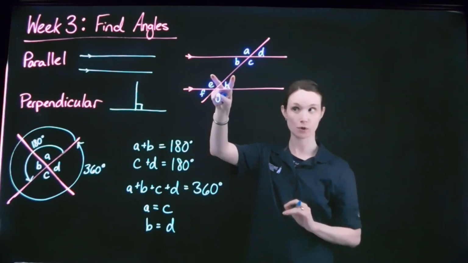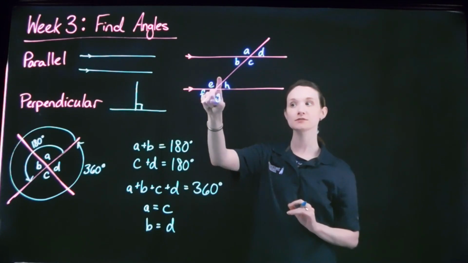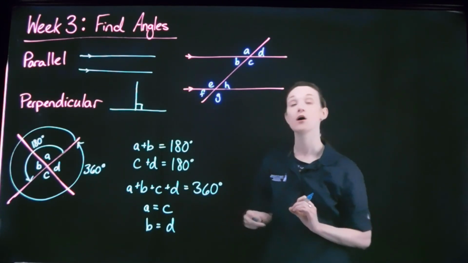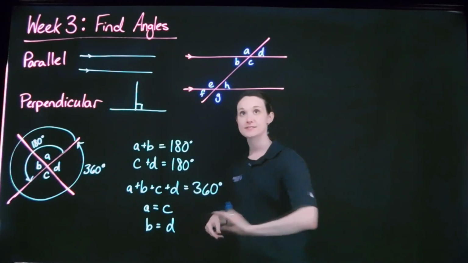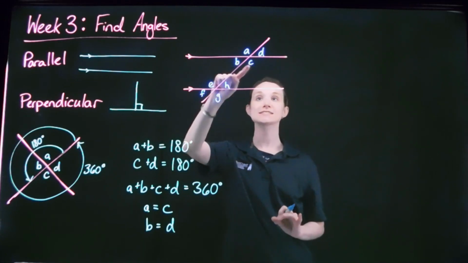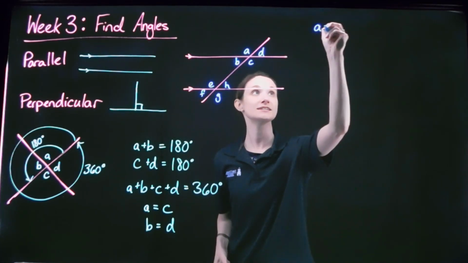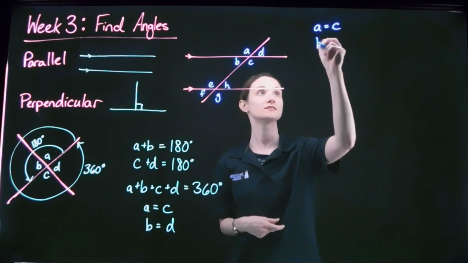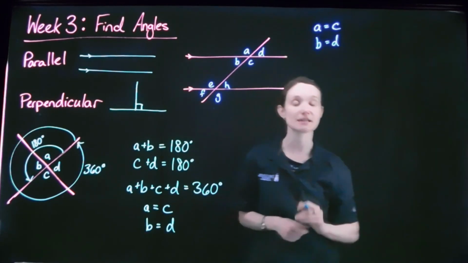E plus H, 180. All the way around E through H, 360. Also, our opposites are still going to be the same. So I can say that A is still equal to C and B is still equal to D.